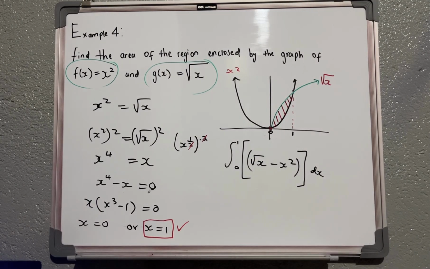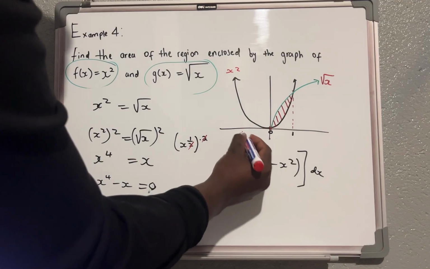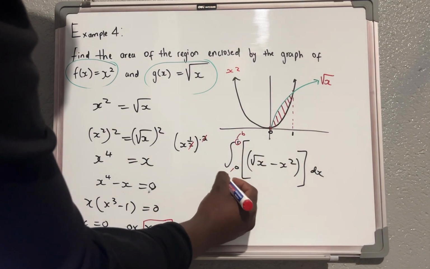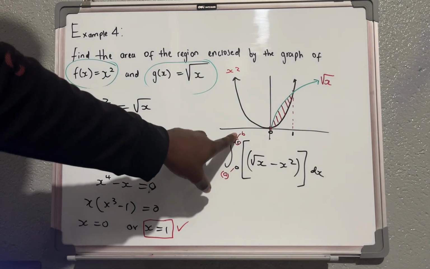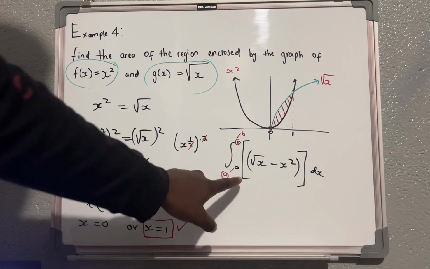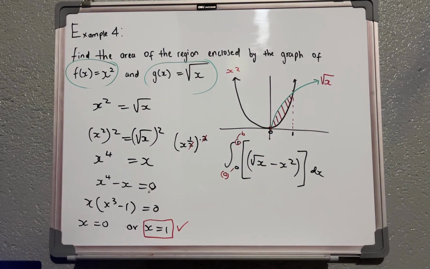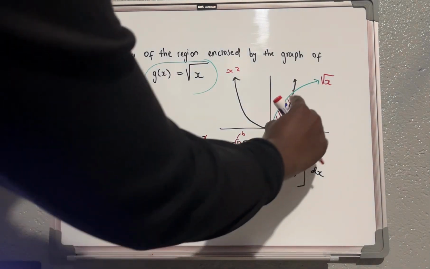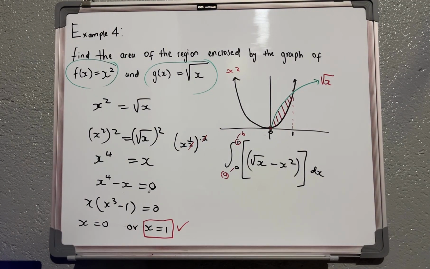And always remember this: this is your value of b, and this is the value of a. This is known from your fundamental theorem. The value of b is always your bigger number. The value of a is always your smaller number. Where are we getting this 1 and 0? We're getting them from our actual graph, which is this region that we are working out. We are asked to find the area that is enclosed within the graph.